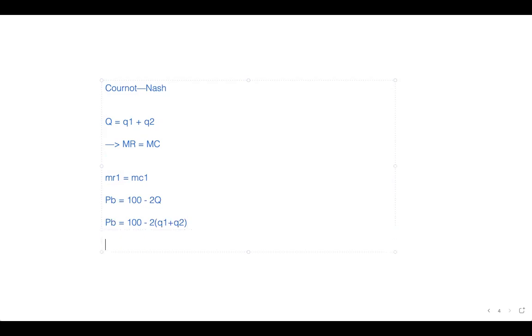Okay, so now we have this expression that captures, we're acknowledging that there are just two firms here, and so we have to get from that to the marginal revenue for each of the firms.